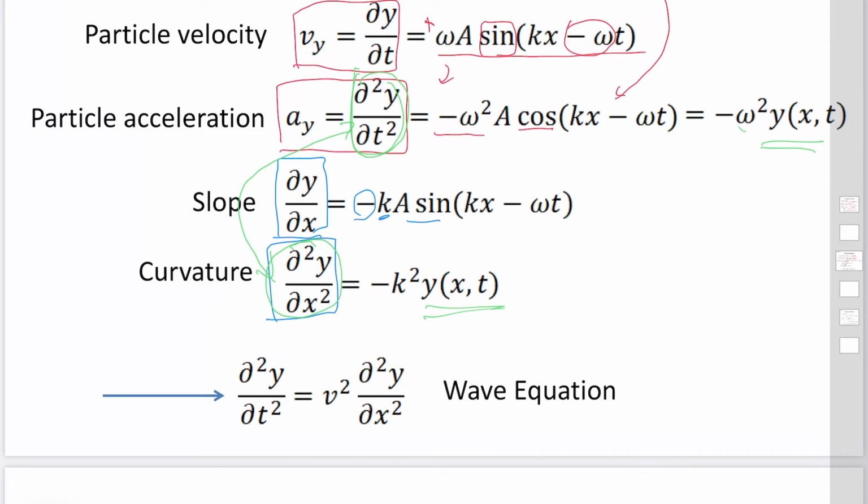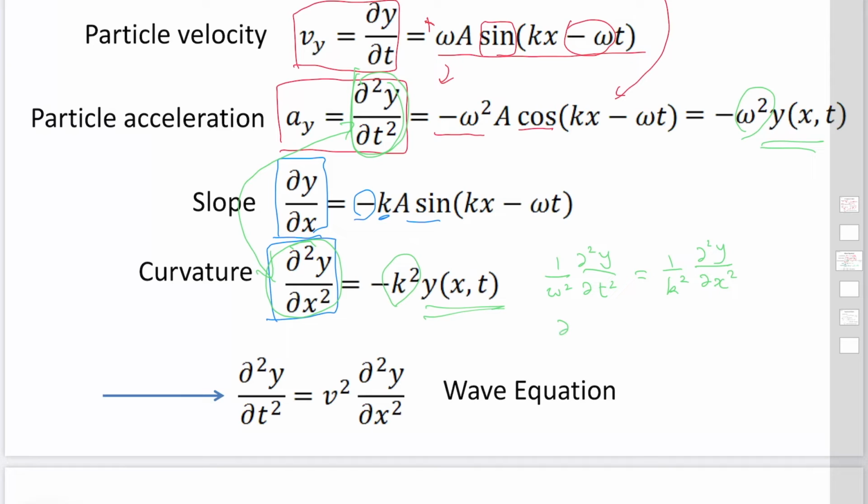But this is multiplied by omega squared. This is the k squared. So if you take 1 over omega squared times the second derivative of y with respect to t squared, it equals 1 over k squared times the second derivative of y with respect to x.